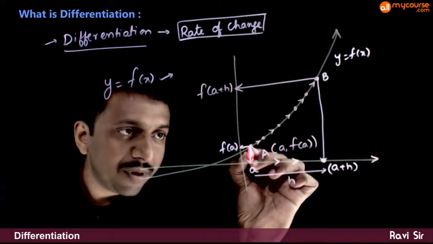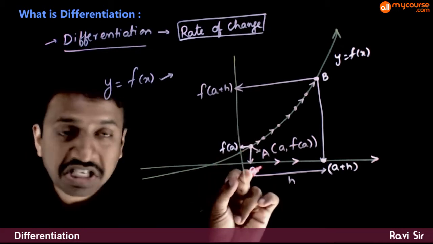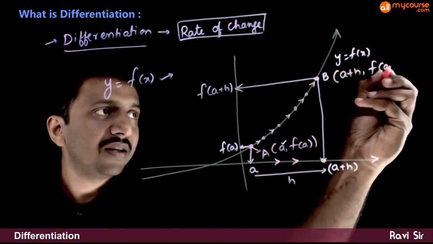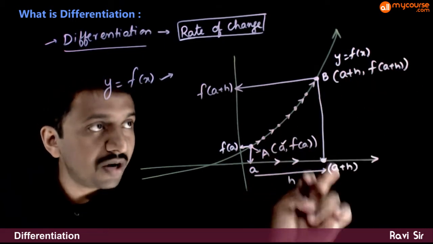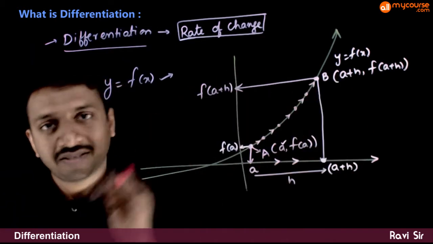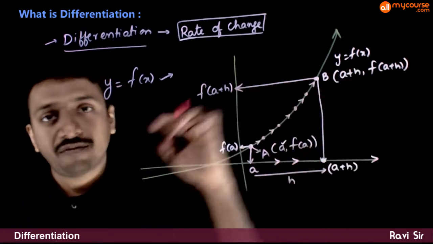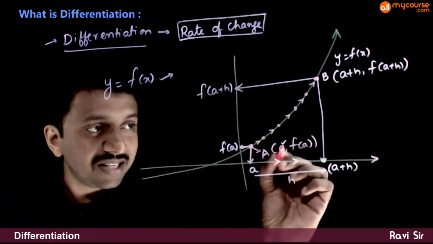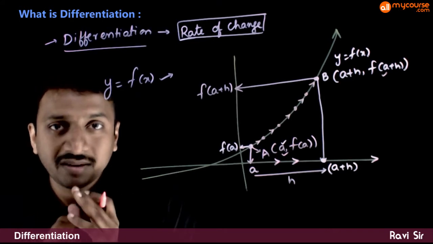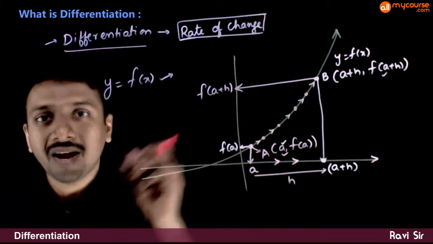If you go from this point to this point, the x coordinate has changed from a to a plus h, and the y coordinate has changed from f of a to f of a plus h. Will the change in x and the change in y always be the same? No, right? The change in x can be different from the change in y depending on where you are moving.